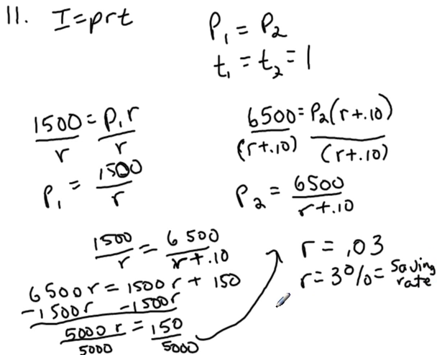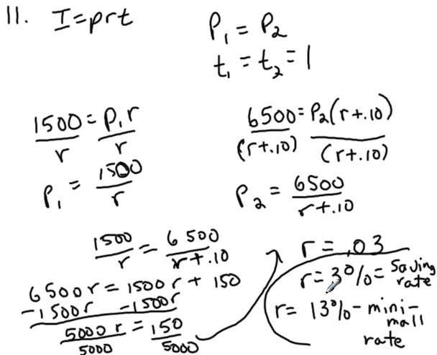And my rate for my mini mall investment, it told me, was 10% higher than my rate in my savings. So that's going to be 13%, and that's my mini mall rate.